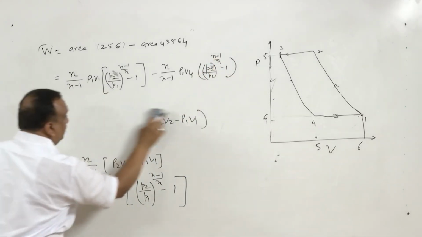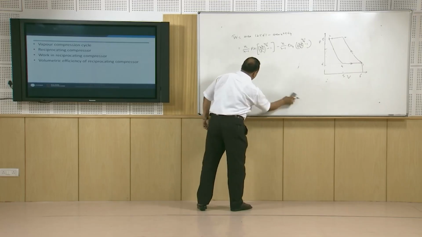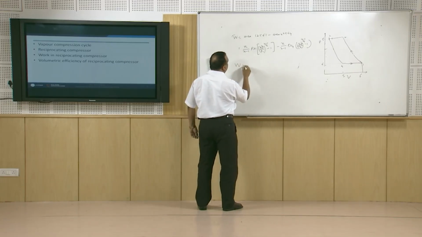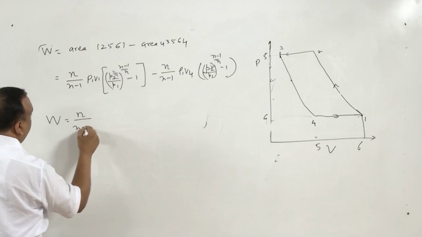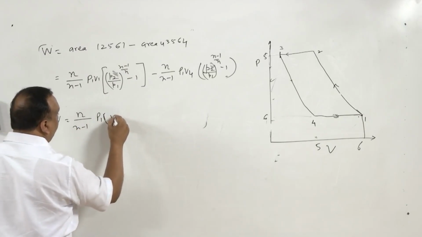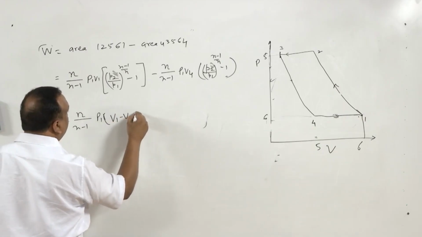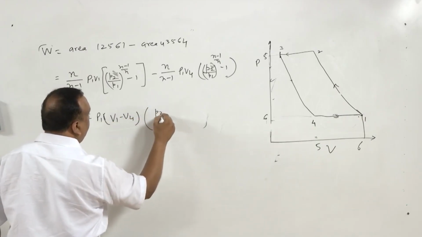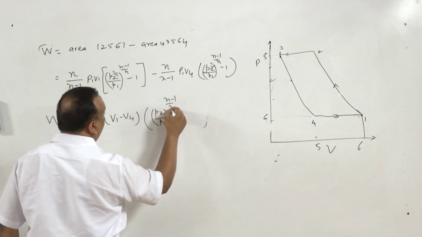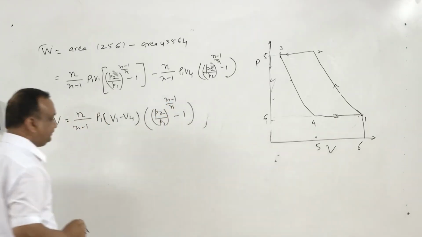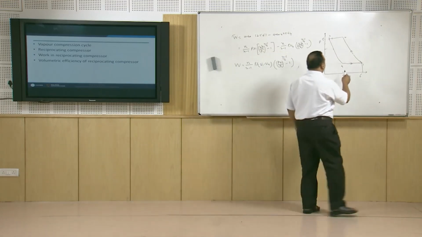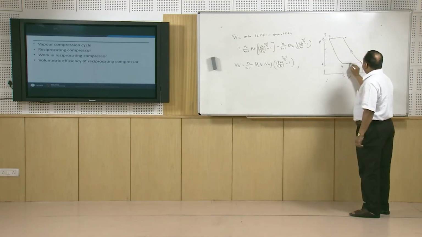And the net work consumed by the compressor during compression of vapor is going to be n upon n minus 1 P1 (V1 minus V4) ((P2 by P1) raised to power (n minus 1) upon n, minus 1). So instead of having V1 in the previous expression, now we have V1 minus V4.